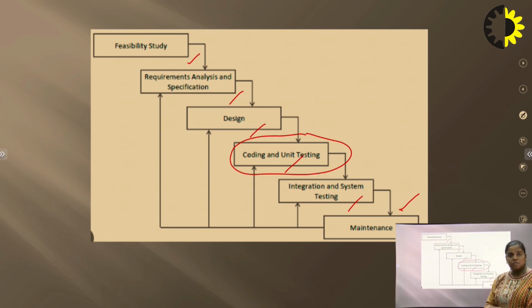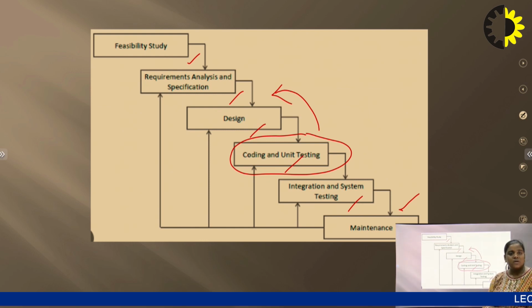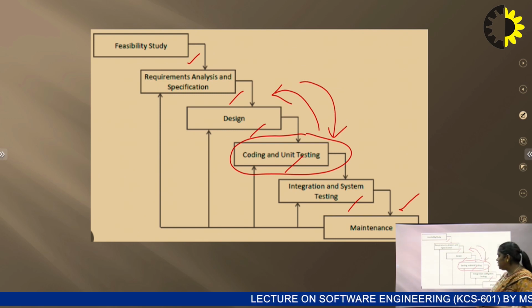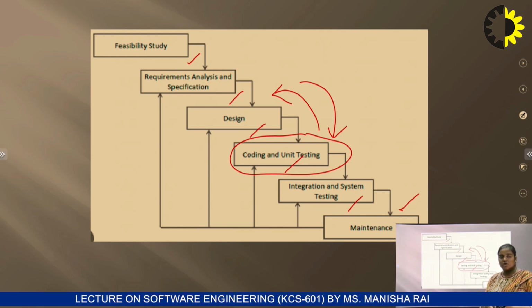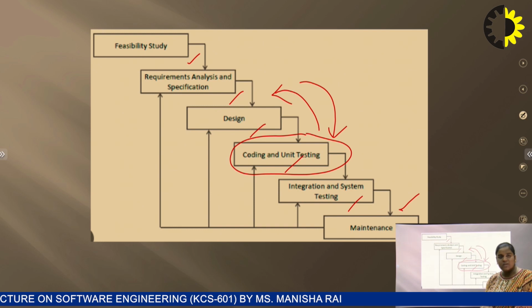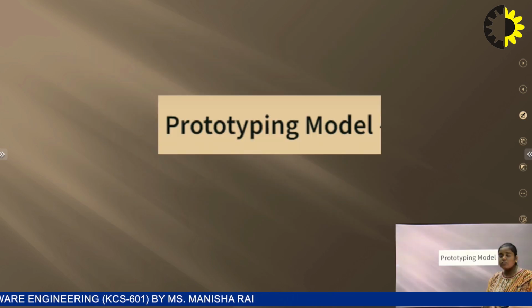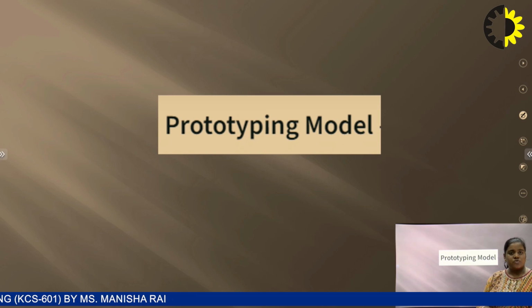But in an iterative waterfall model, we get an option to return to the last phase, and as per the requirement, we can rectify or improve our designing phase, and then again come towards the coding and unit testing phase. So this is the main advantage or enhancement of the iterative waterfall model, that here we have an option to go back to the last phase to fulfill our dynamic requirement.